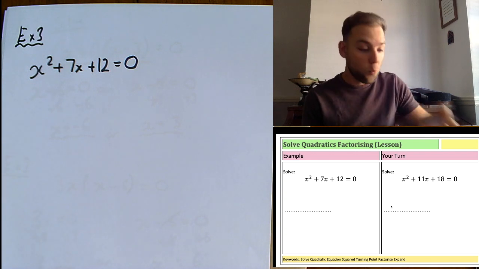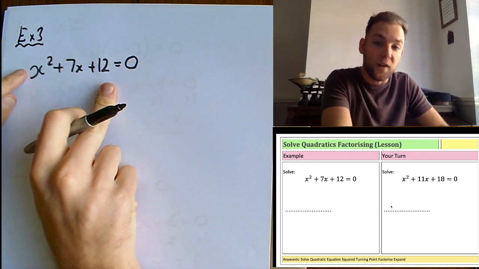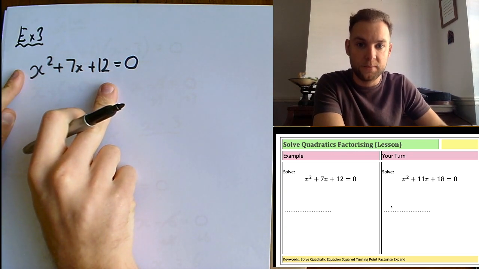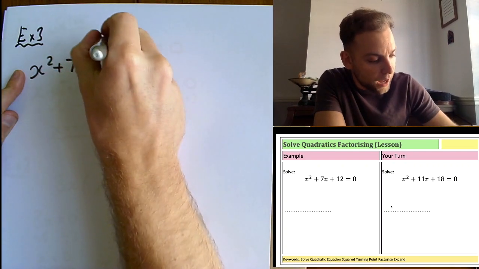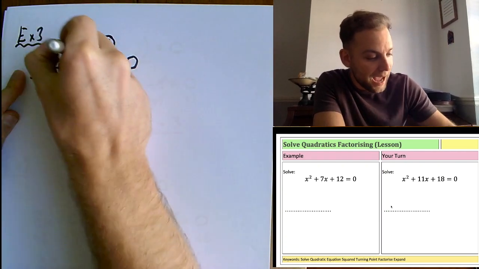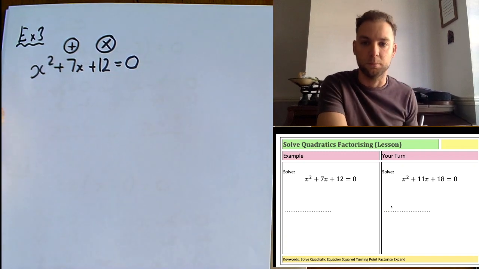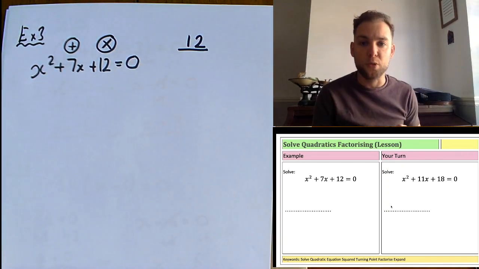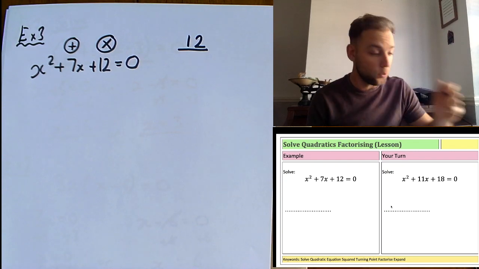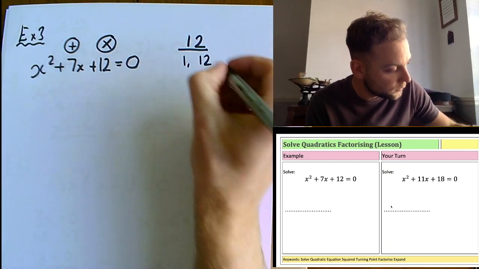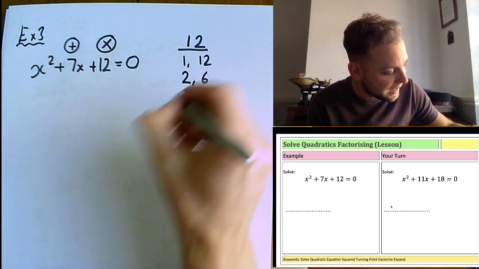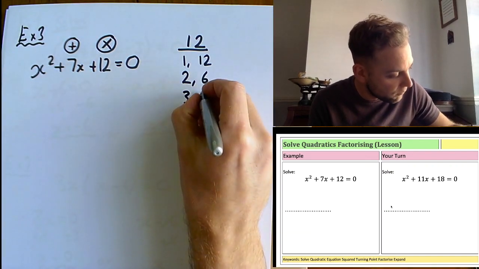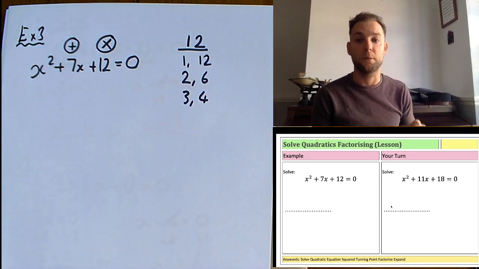So, when I'm factorising a quadratic without a number in front of the x squared, I need something that multiplies together to make this last number and adds together to make this middle number. So the first thing I do is I work out the multiples of 12. So the multiples of 12 are 1 and 12, 2 and 6, 3 and 4, and because I've got to 3 and 4 I can stop there.